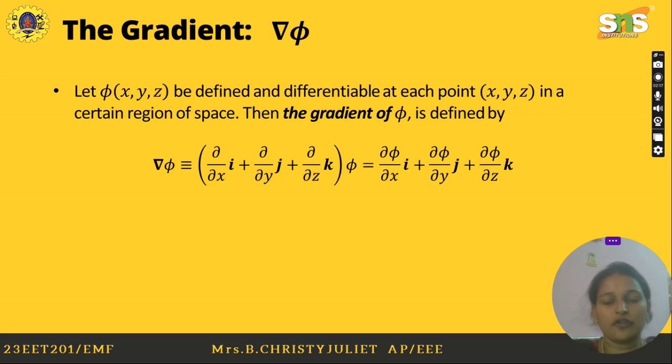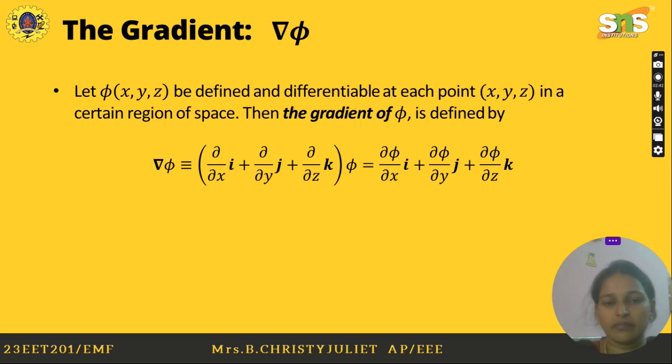Then the gradient of phi is defined by del phi is equal to dou by dou x i plus dou by dou y j plus dou by dou z k operating on phi. So this gradient is performed on the scalar with del.